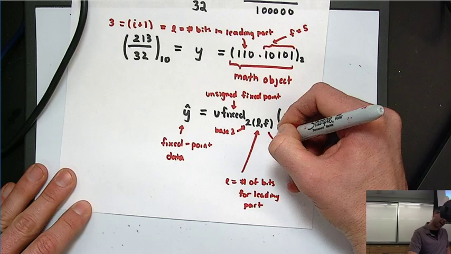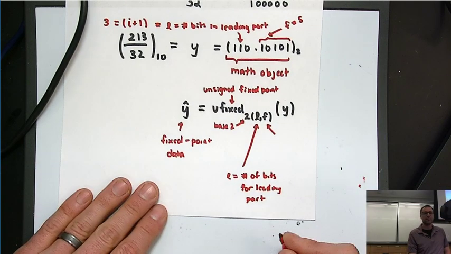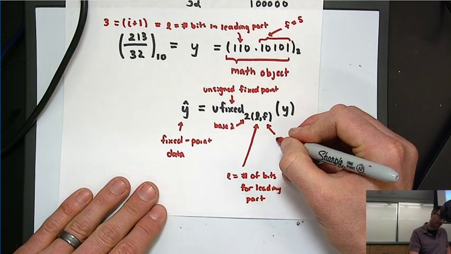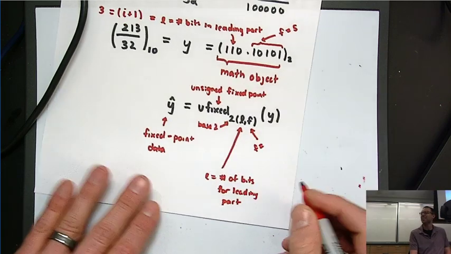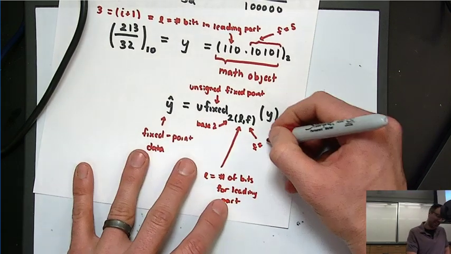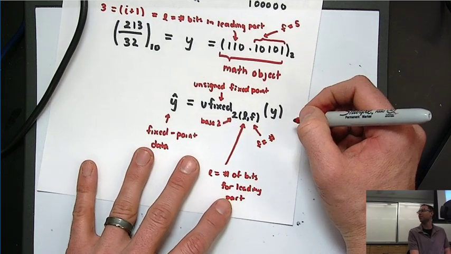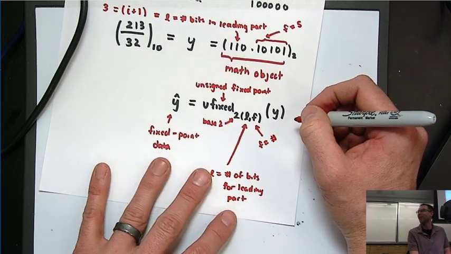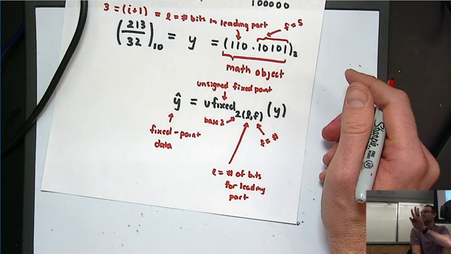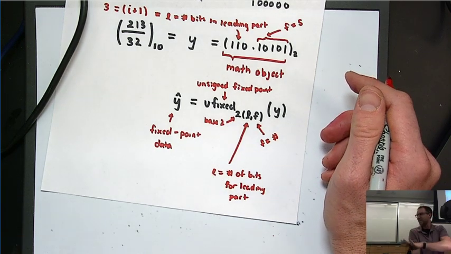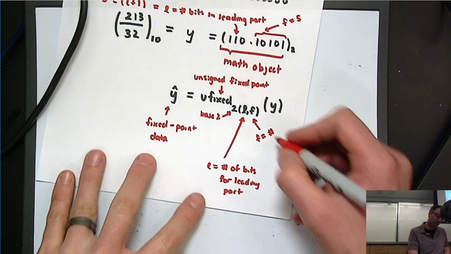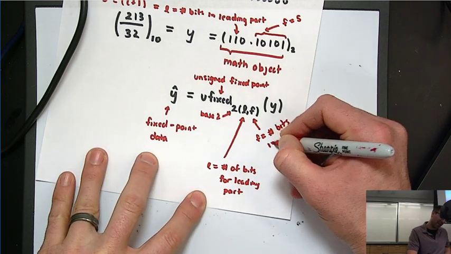And then could you guess what F represents? Yeah, I guess I should call it T, right? The cool thing is that the number of bits in the trailing part is identically equal to the number of bits in the fractional part, whereas the integer I marks position, not bit count, right? So F is the number of bits in the fractional part.